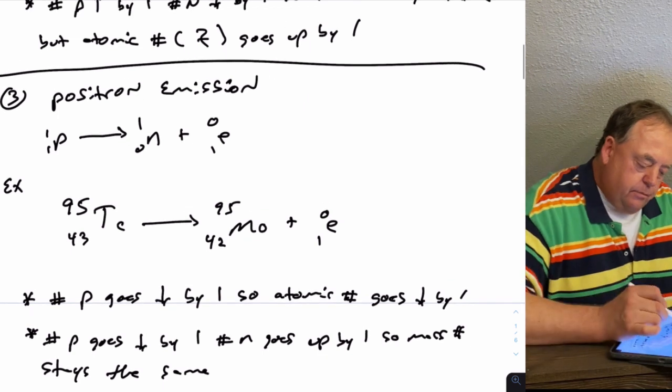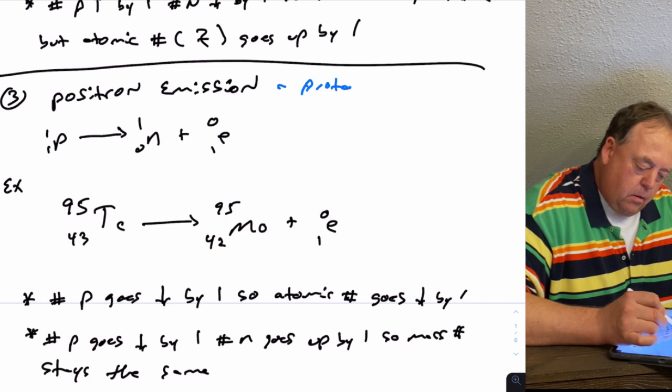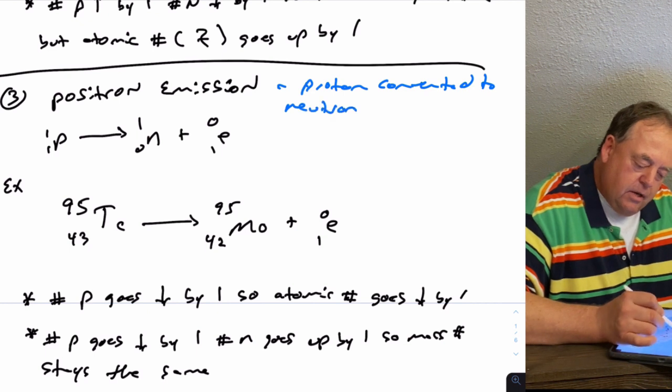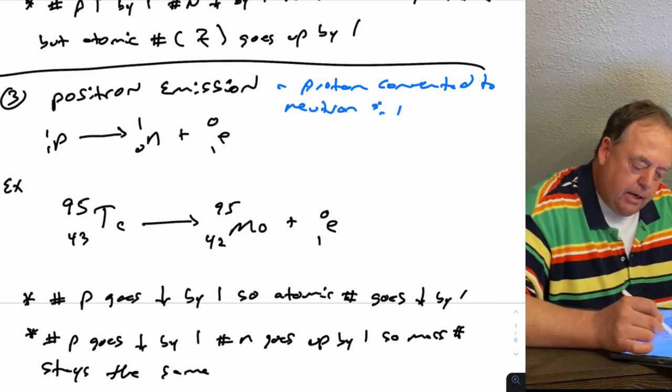Okay, so positron emission. A proton is converted to a neutron in the nucleus of that atom and a positron.